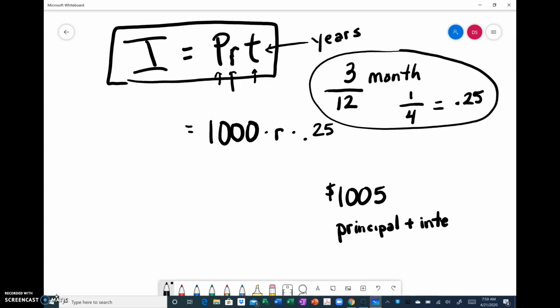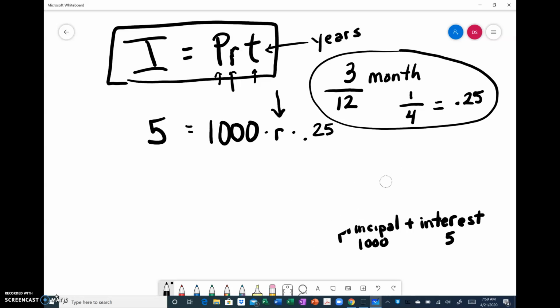So in our equation, we need to know what interest is, okay? And so in this equation, the principal was $1,000, therefore the interest had to be $5, okay? So I'm going to put a 5 over here for I. And here's my equation, and I'm solving for the rate.